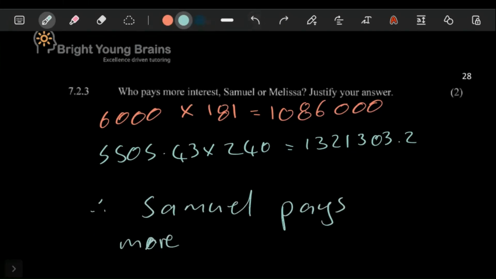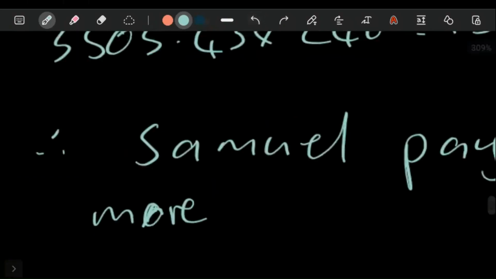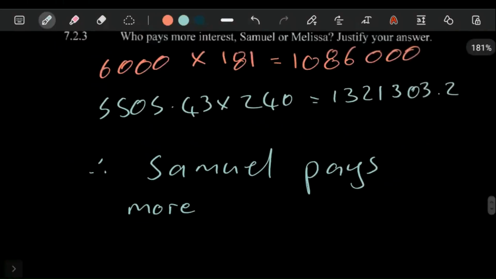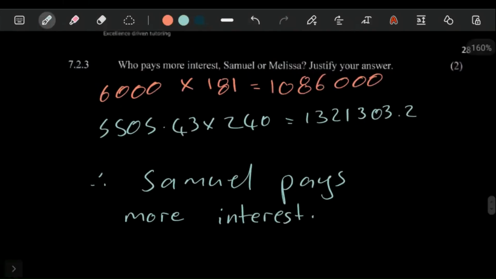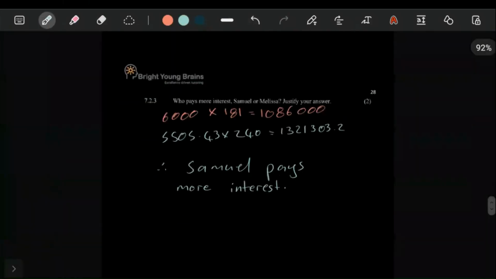It's very evident. It's so in our faces. Samuel pays more interest. That's an okay question. Let's move on.